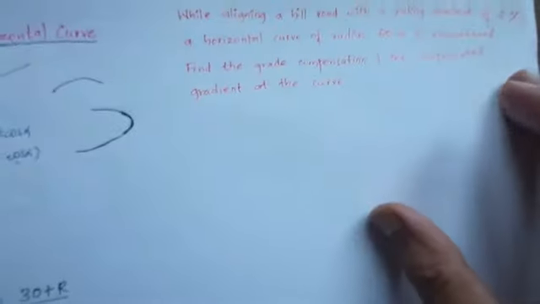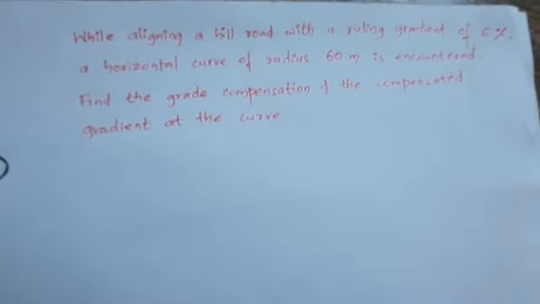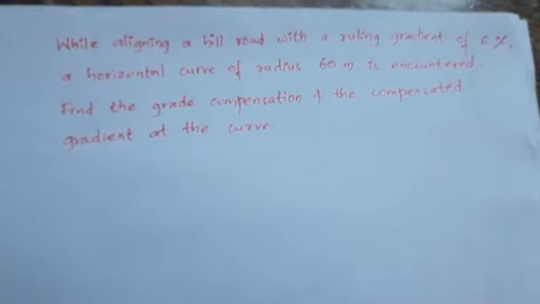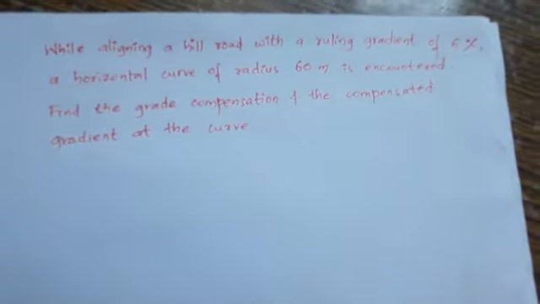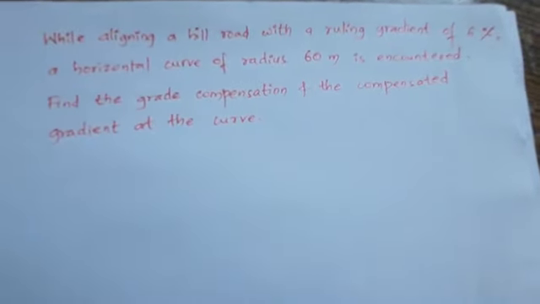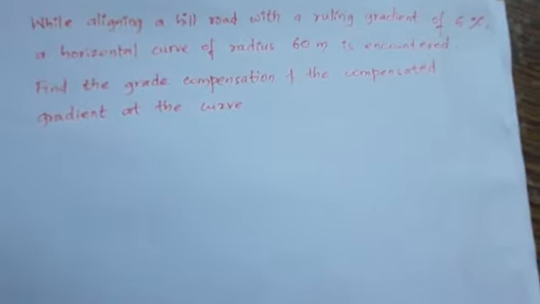Let us see one simple problem on grade compensation. While aligning a hill road with a ruling gradient of 6%, a horizontal curve of radius 60 meters is encountered. Find the grade compensation and compensated grade at the curve.